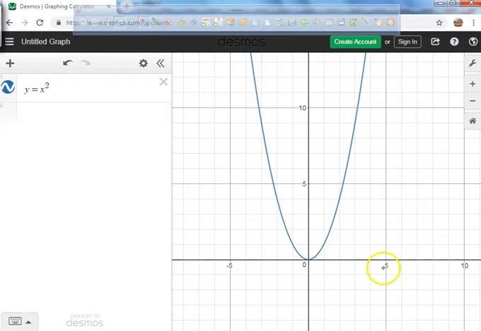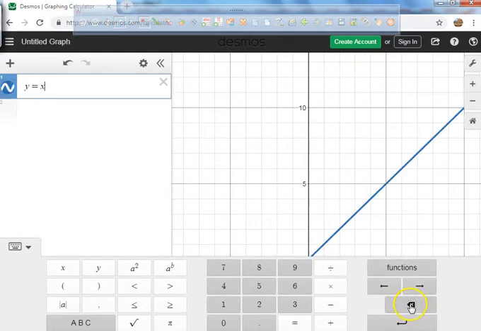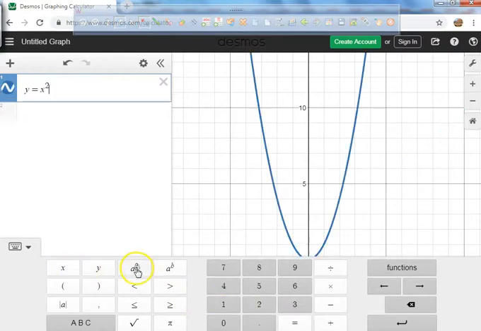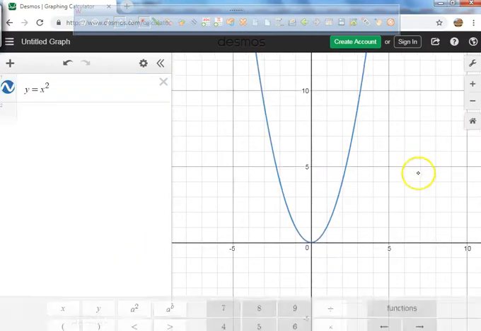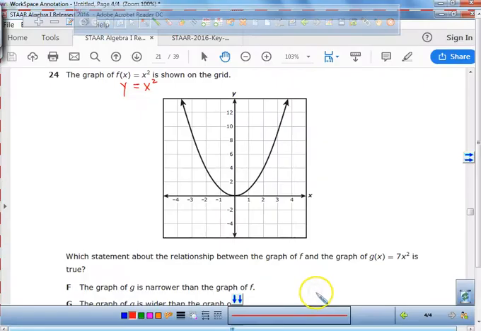There you go. Okay, that's a parabola, right? So here's what it is, Sean. Ready? y equals x squared. There you go. All right. So you guys see that? That's the graph that you now have on Desmos.